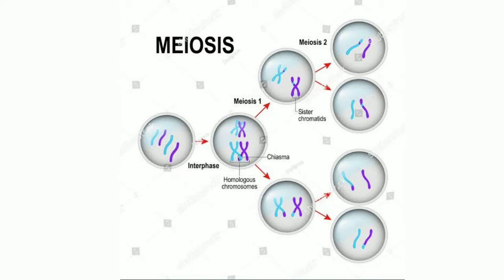Why? Because otherwise the chromosome number would have increased day by day, and there wouldn't be any kind of continuity of a particular species or particular race.